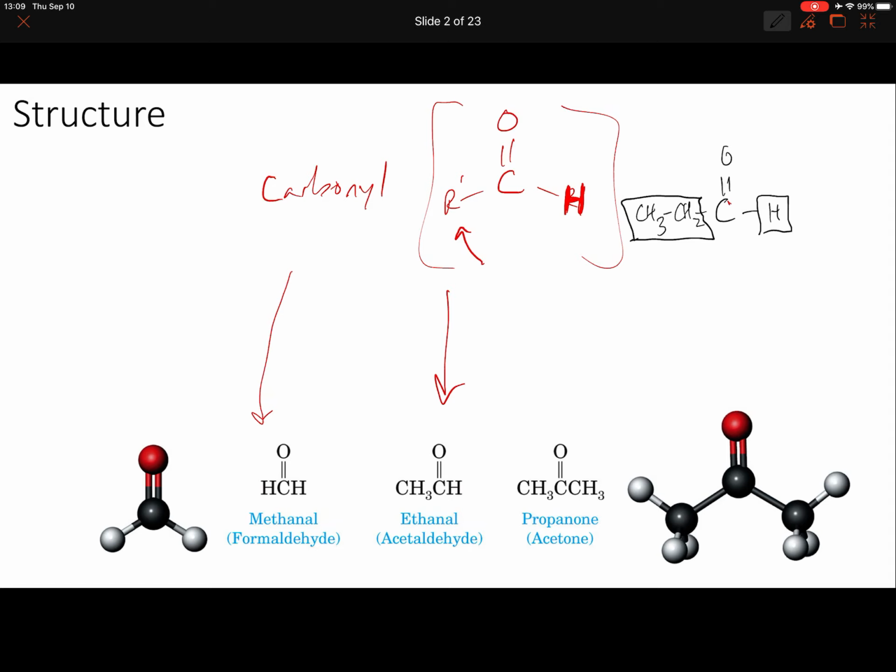Now, the functional group of a ketone, so these first two here are aldehydes, and this one over here is a ketone. A functional group of a ketone still contains the carbonyl carbon, but in this case, both of the R groups are going to be carbons.